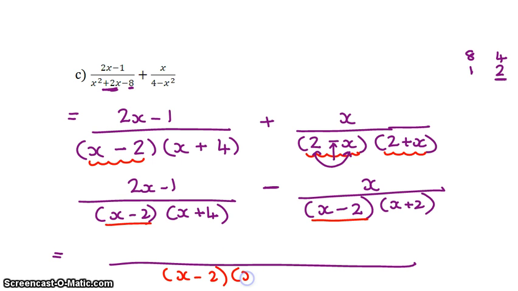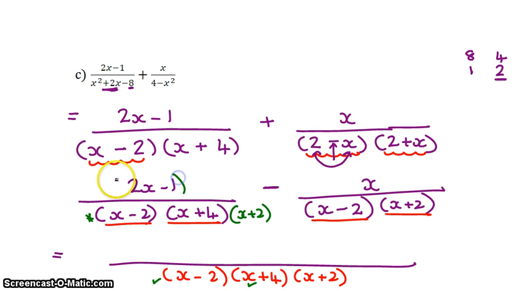I've also got an x plus 4 from that denominator, and I'll also need an x plus 2 from that denominator. So it's quite a complicated denominator. Now, what is this first denominator missing? It's got an x minus 2, it's got an x plus 4. It would need an x plus 2, which means whatever you do to the bottom, I'm going to have to do to the top. Now notice I put in these brackets, very, very important.